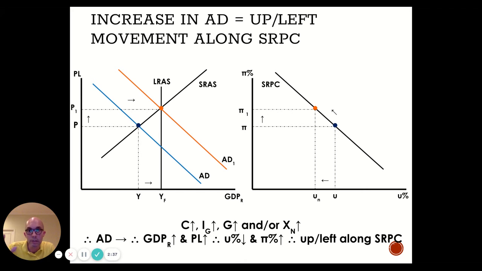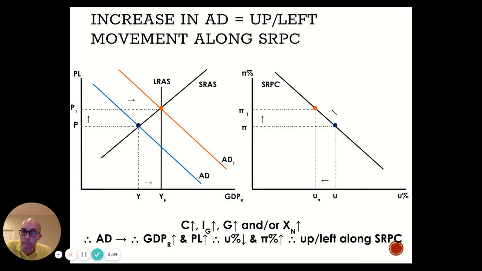So on the left, we have an increase in price level, an increase in output. And on the right, we have an increase in inflation, a movement up the curve from a position where there's higher unemployment, a higher U rate, to a lower U rate. In this case, the natural rate of unemployment, which is equivalent to an economy operating at full output or full employment output.